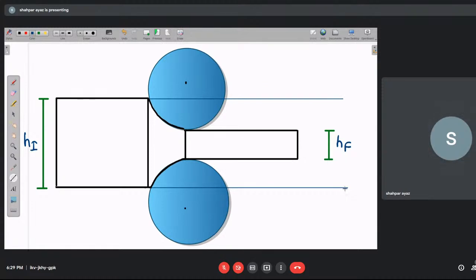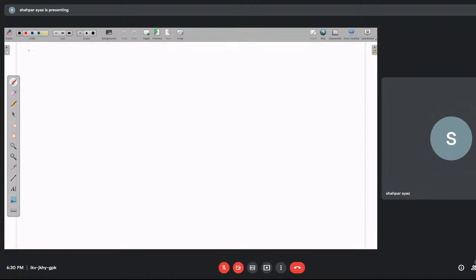See, if I'm talking about this distance, my dear, what is this distance? H initial. HI is the initial thickness of the billet or a strip.